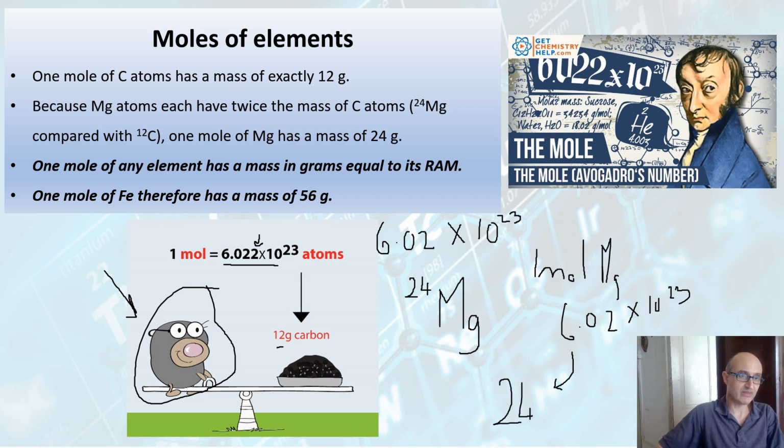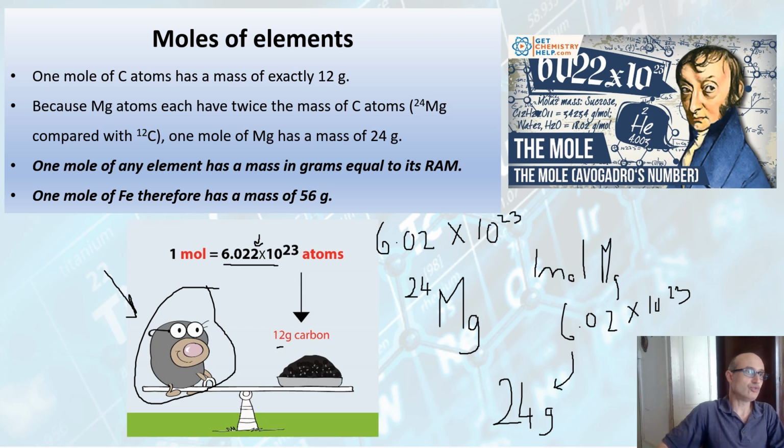Remember what we said: if I put the g behind the RAM, I have the mass of 1 mole. So, recapping, the mass of 1 mole of magnesium is equal to 24 grams, because all I have to do is put the unit g following the RAM 24.